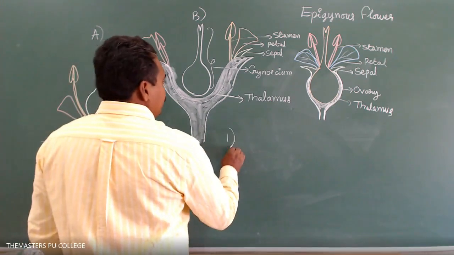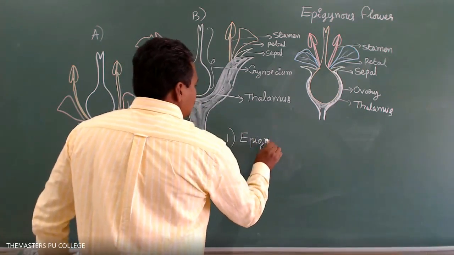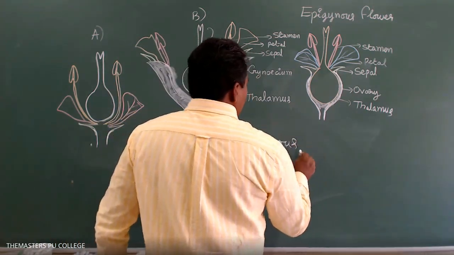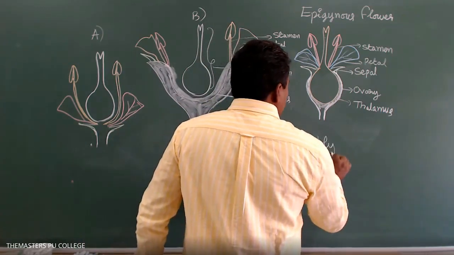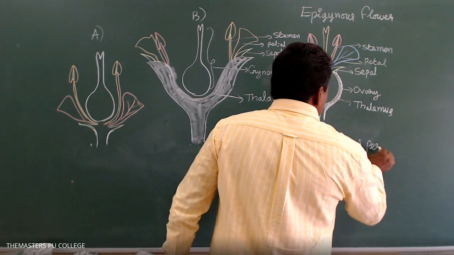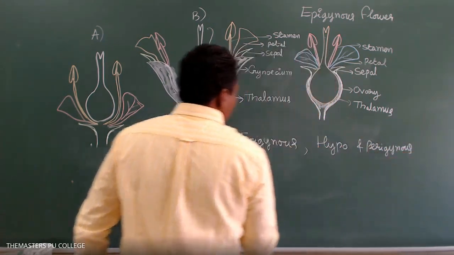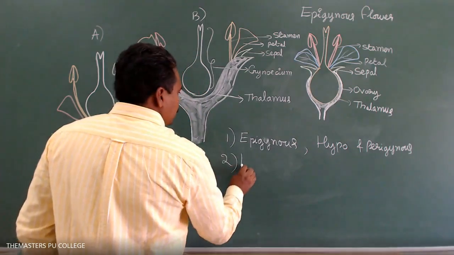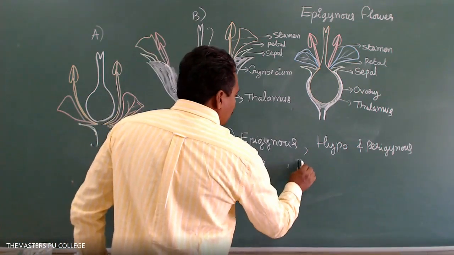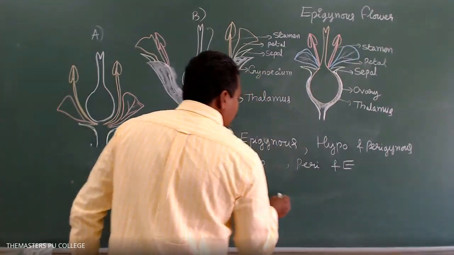Option 1 is epigynous, hypogynous, and perigynous flowers. Option 2 is hypogynous, perigynous, and epigynous flowers.